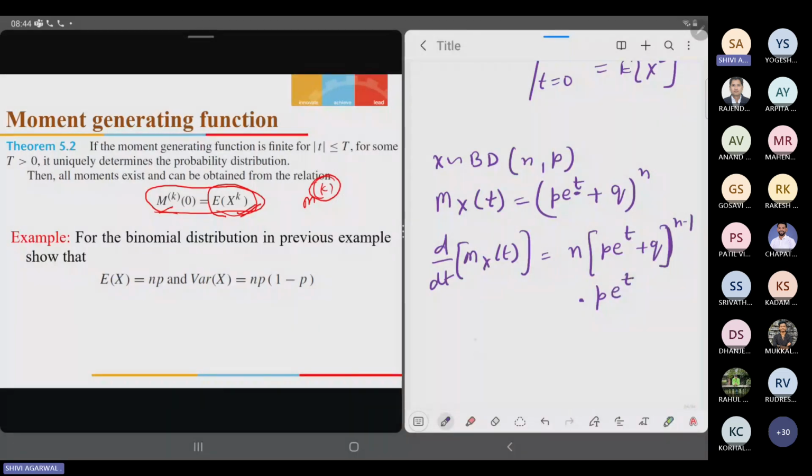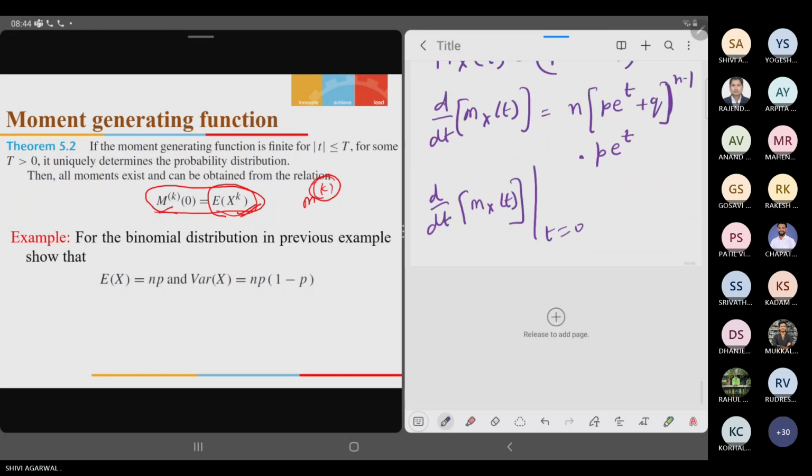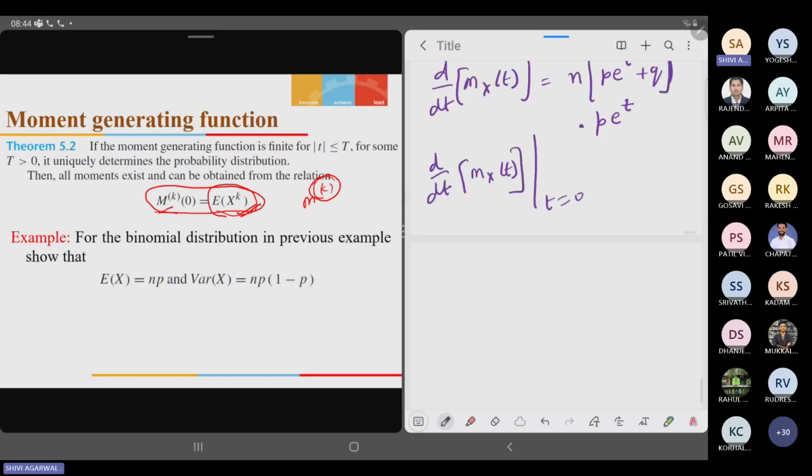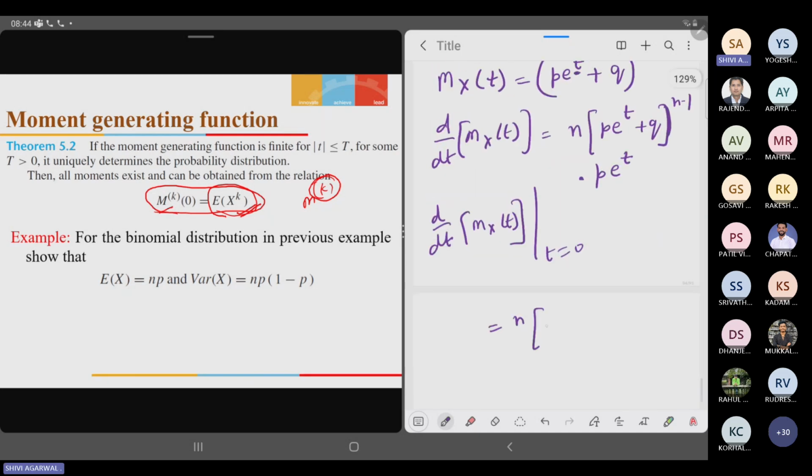Now we put t equal to 0. If we put t equal to 0, it becomes n (p e to the power 0 plus q) to the power n minus 1 into p e to the power 0.